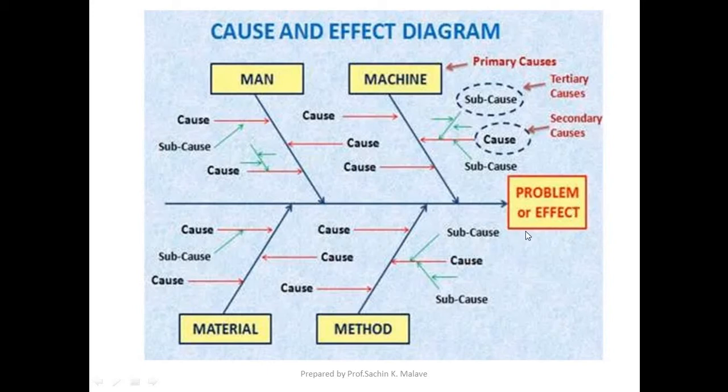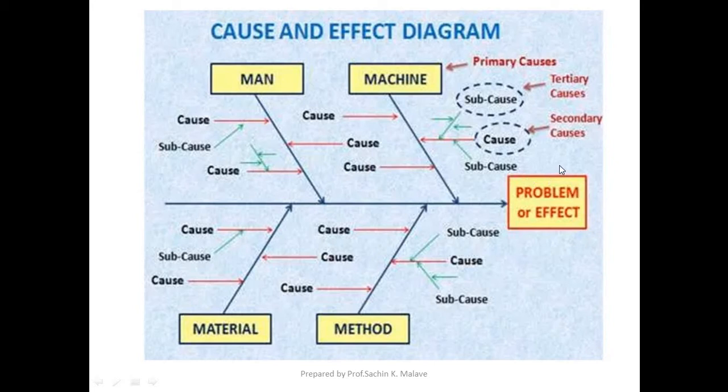So here is the problem, you can see problem or effect. Here you have to define the problem, the nature of the problem. What is the exact nature of the problem, that you have to define here. And you have to put it at the center and draw one horizontal line. At the end of this arrow you have to write down the problem.